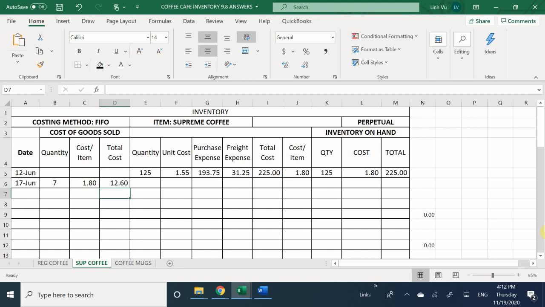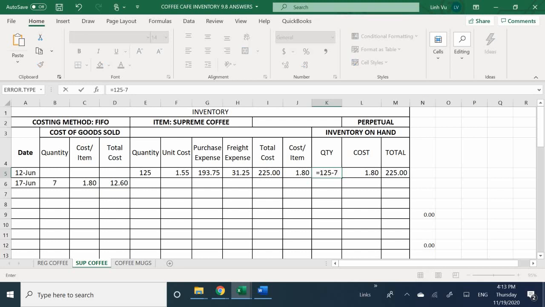Okay, good. Now for this one, because our cost per item is going to stay the same, you want to be very careful, especially when you have one of those long numbers. But in this case, we have an even number. So all we have to do is come here and just change the quantity. So what is 125 minus 7? 125 minus 7 gives us 118.